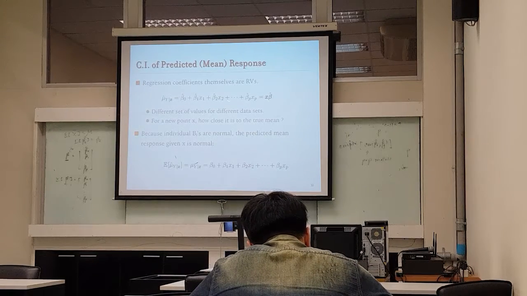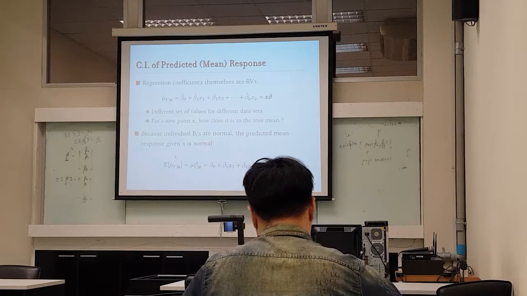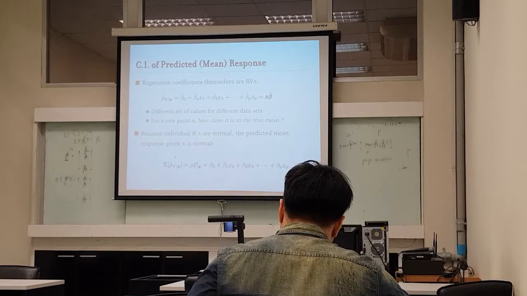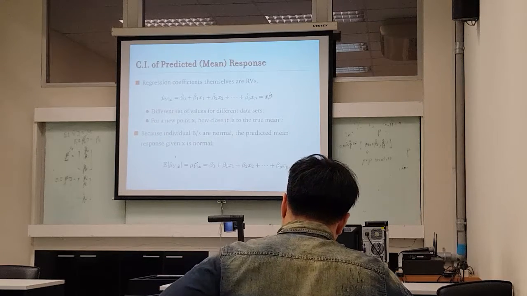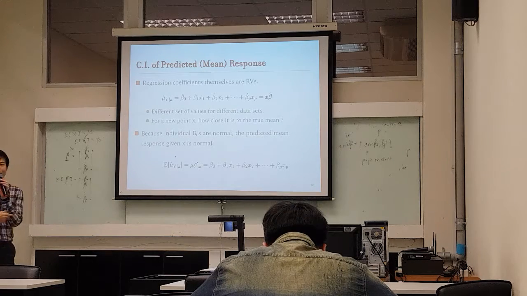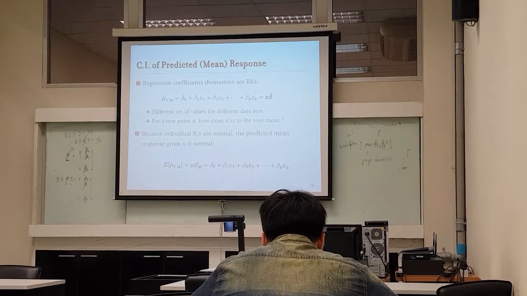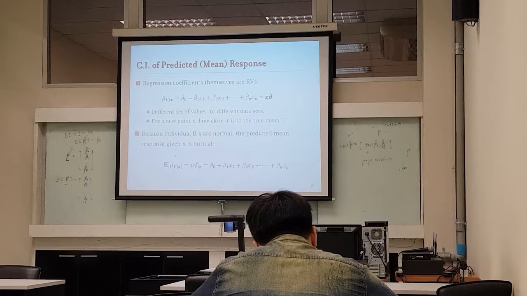Similar to the sample mean concept, if you fit a different data set into the model, you will get a different value of beta, because for a different X, computing the (X transpose X) inverse X transpose y gives you a different beta.